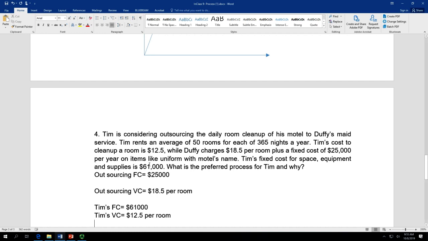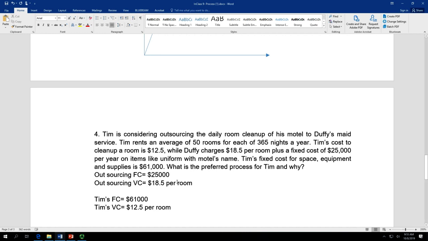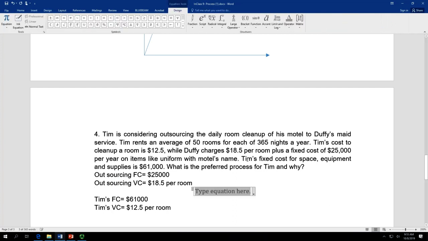Now, after you write these individual conditions, the variable cost and the fixed cost, we can have the equations right over here. So I'm going to write the equation for total cost.